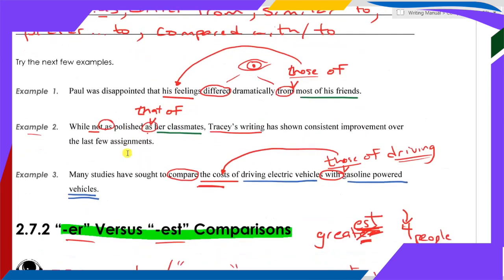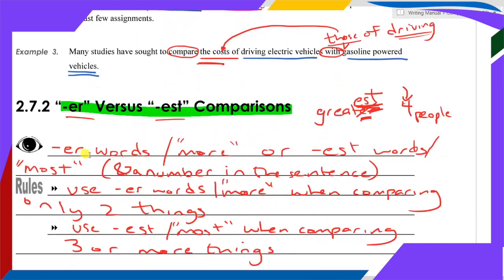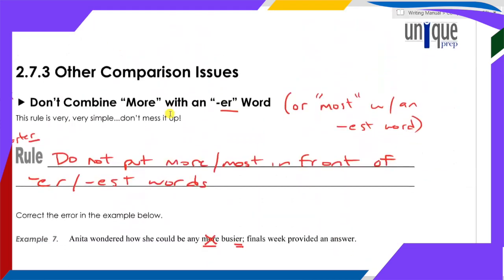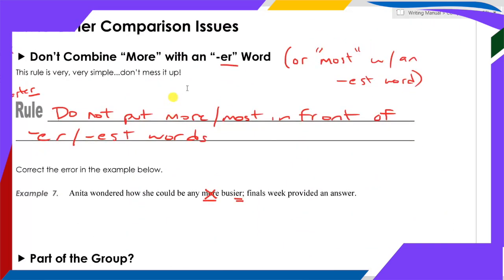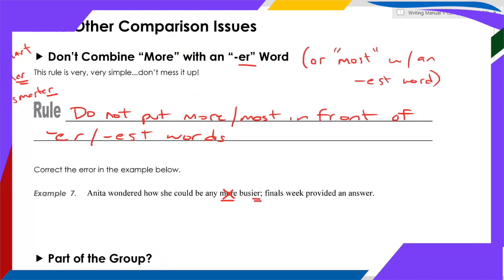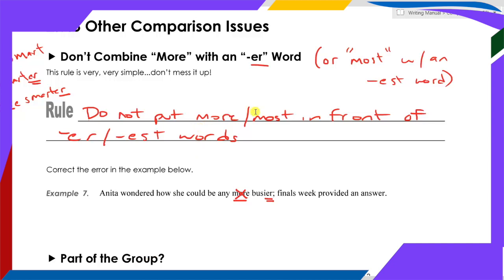The second biggest rule will be determining if the comparison is between two people or things, or three or more people or things, and then appropriately using an ER versus an EST word respectively. And then we have these other little comparison issues. Don't be redundant. Don't put a "more" or "most" in front of an ER or EST word.